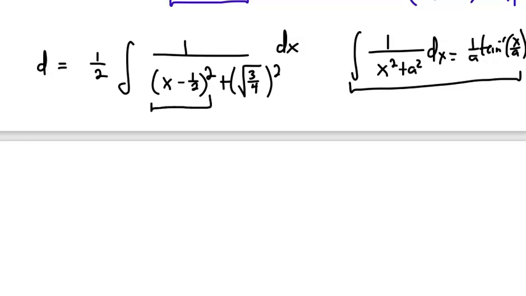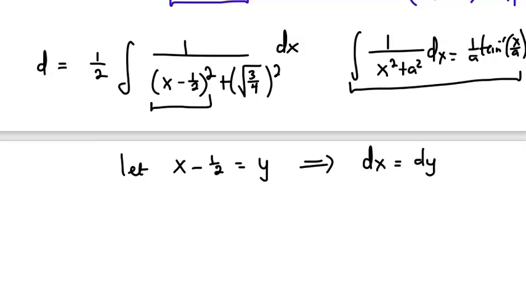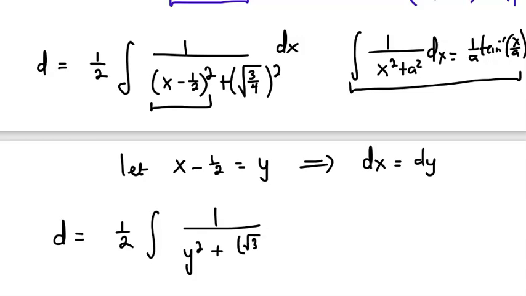But we need to make a substitution here. So we can let x minus 1 over 2 equals, let's say, y, right? So differentiate both sides, so this implies that dx is also equal to dy. So our d will be equal to 1 over 2 times the integral of 1 over, so this one here is y squared plus, now we know square root of 3 is irrational, so we keep it like that, square root of 3 over 2, right, whole squared.